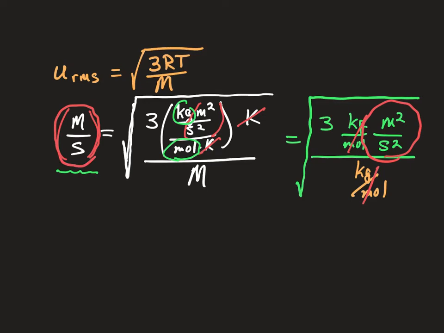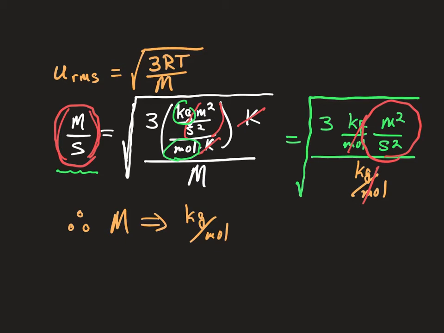So in using this equation, the molar mass must be expressed in units of kilograms per mole, not grams per mole, to cancel that kilogram unit hidden in the joule unit in our gas constant R.